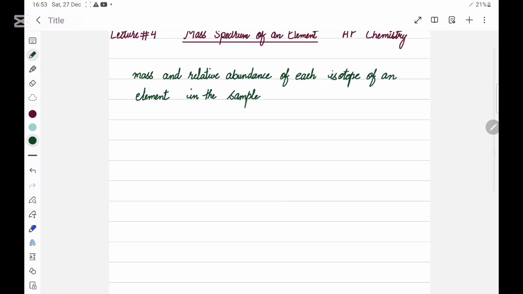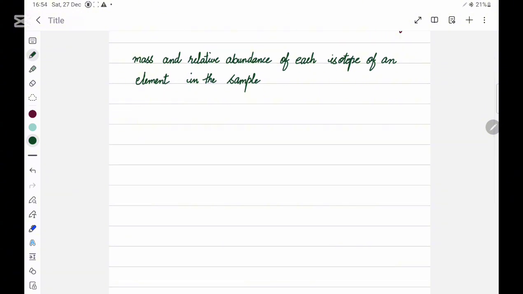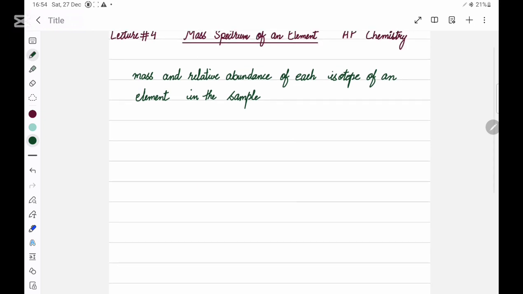So first of all, what is an isotope? Isotopes are the atoms of an element having the same atomic number but different atomic mass.